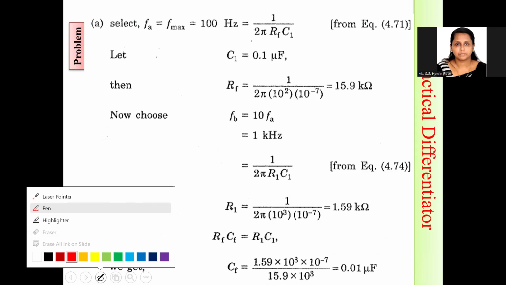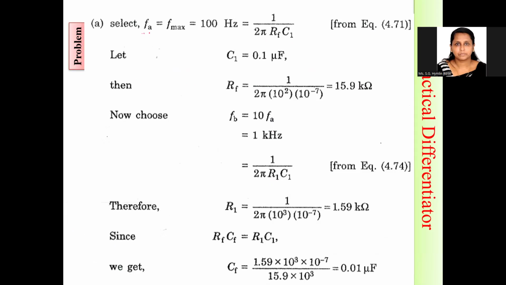Here, what is given is fa, that is f max, which is 100 hertz. The formula for fa is 1 by 2 pi RF C1. We don't know the values of RF and C1, so we can choose C1 as 0.1 microfarad.